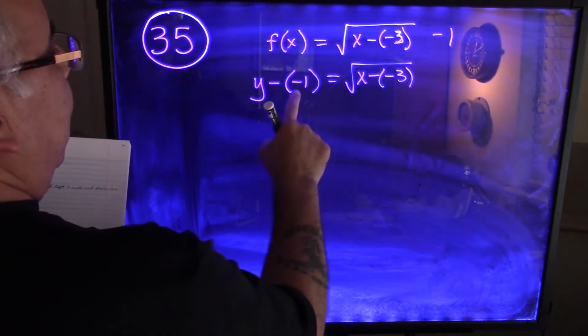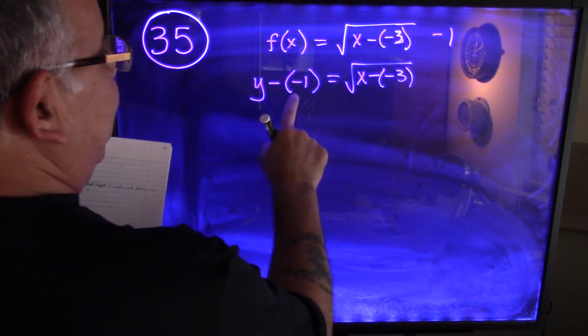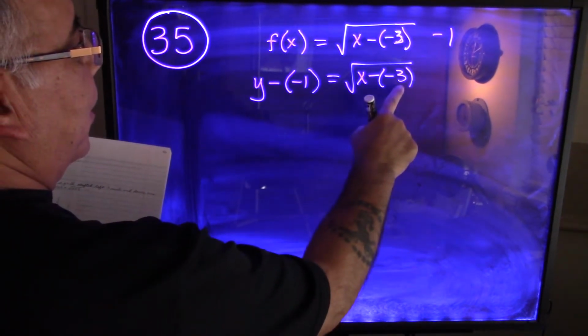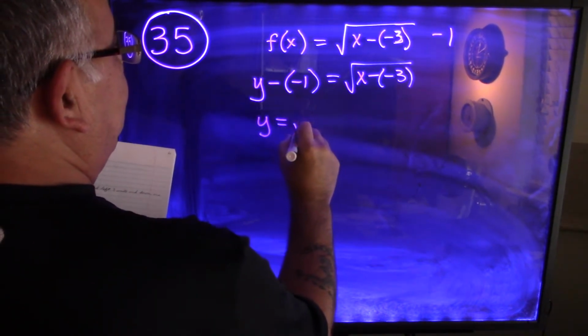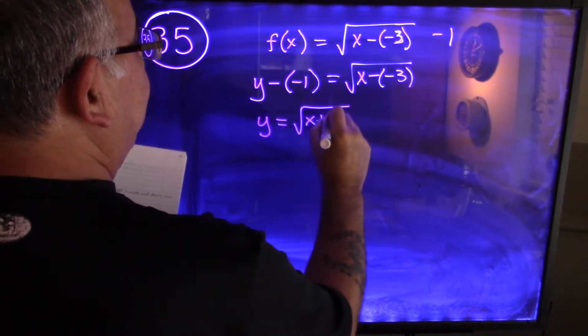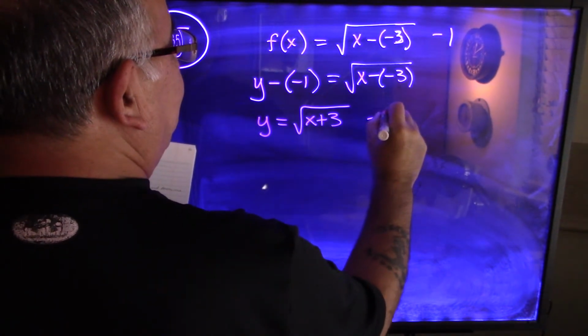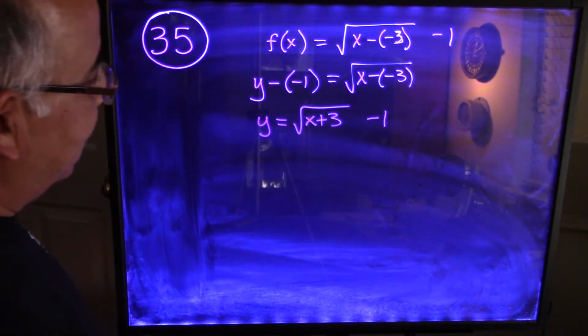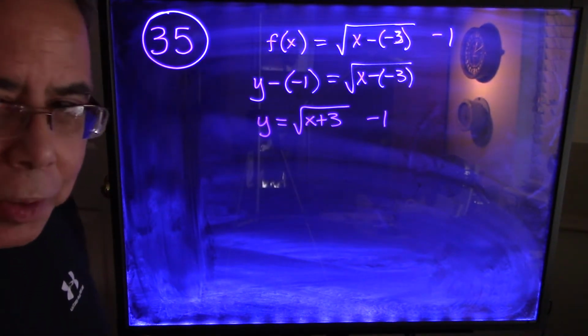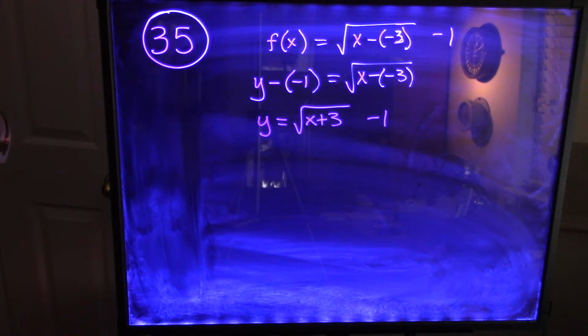You can move that to that side. So that tells you a downshift of 1 unit and a left shift of 3 units. So you could write that as y equals square root of x plus 3, and then minus 1, or change that to f of x, and that's in exact agreement with your book's answer.